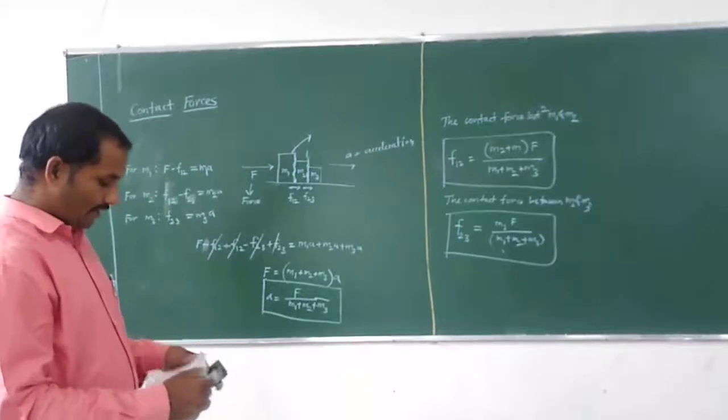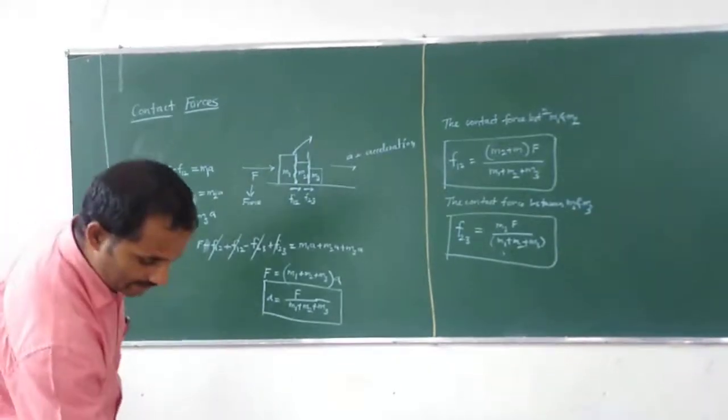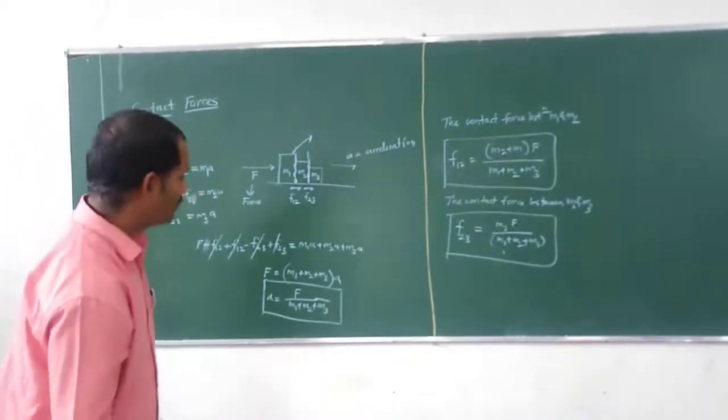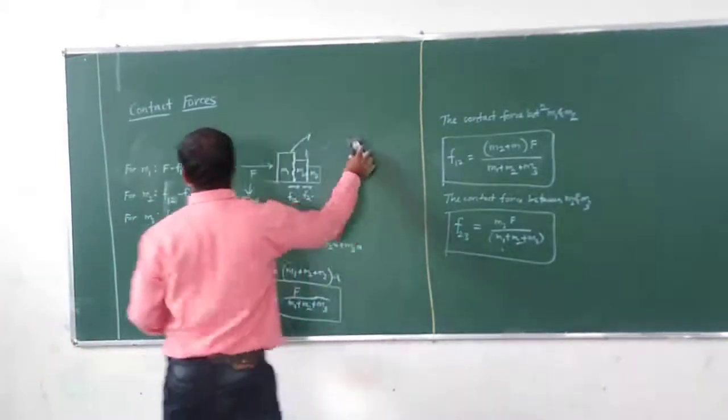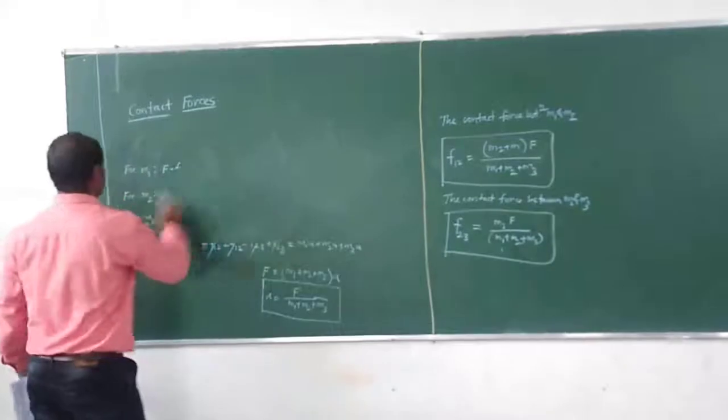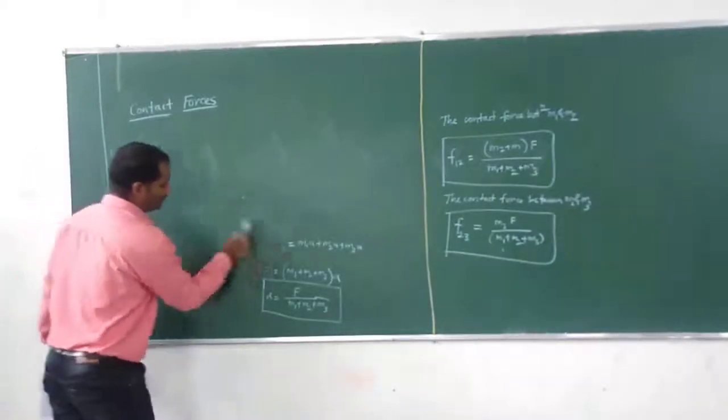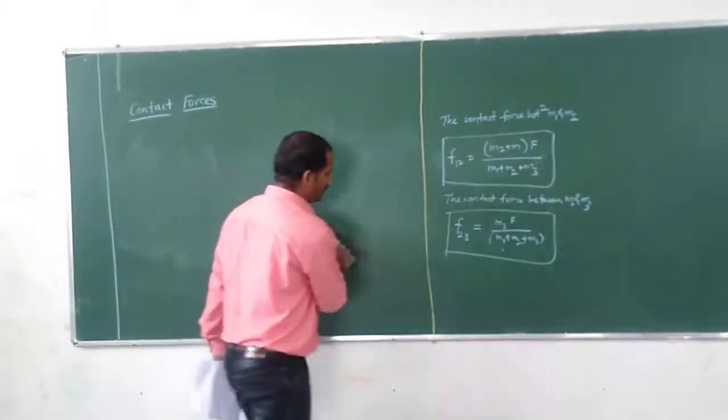याच्यानंतर कनेक्टेड बॉडीज. तर कनेक्टेड बॉडीजच्या केसमध्ये हे इक्वेशन्स कसे चेंज होतात हे आपल्याला आता बघायचं आहे. त्याच्यानंतरचा पॉइंट आहे कनेक्टेड बॉडीज.